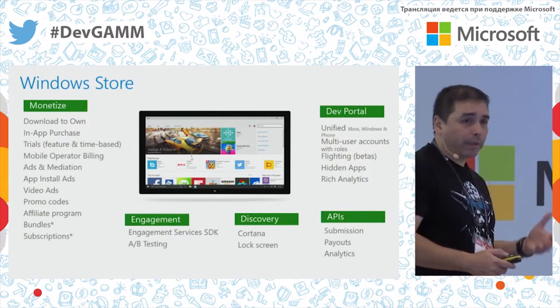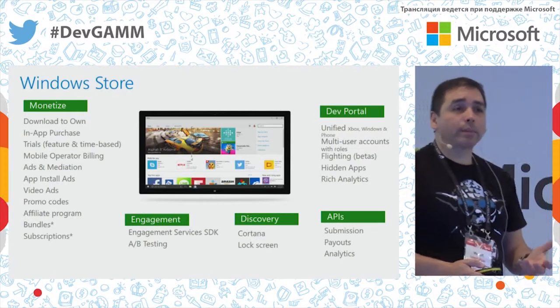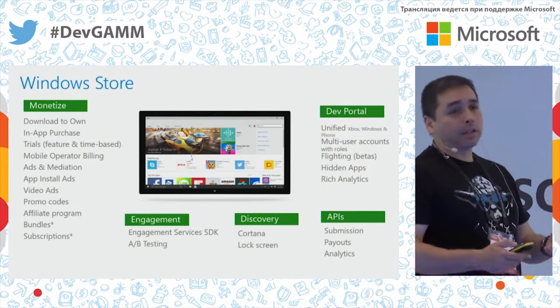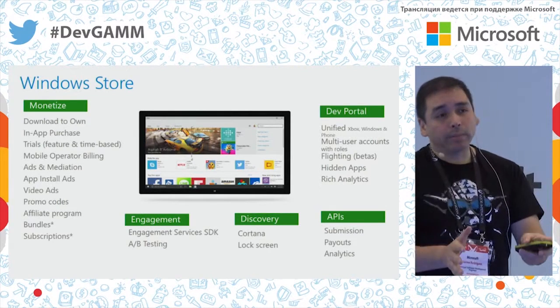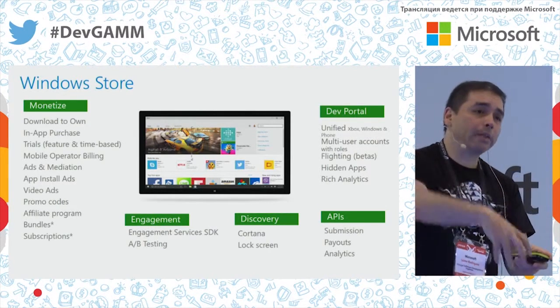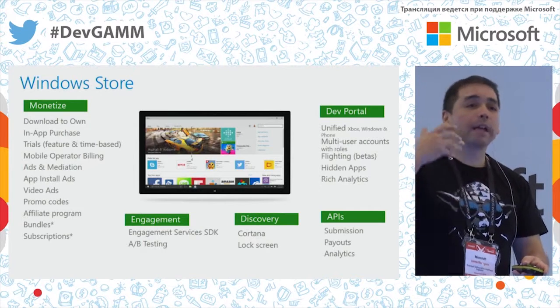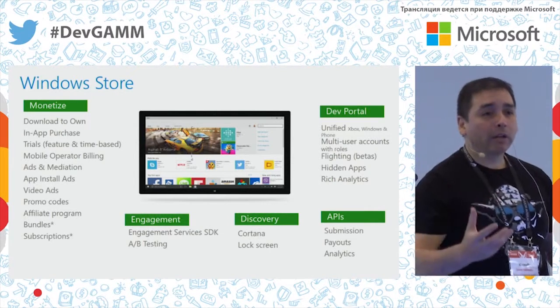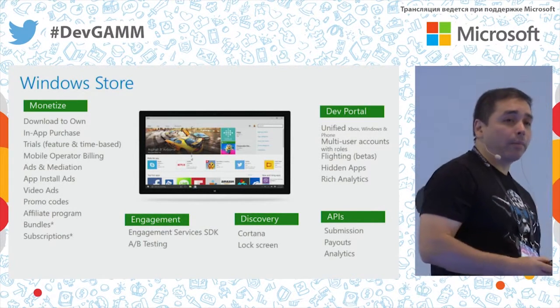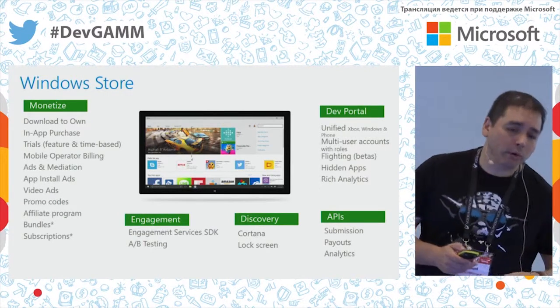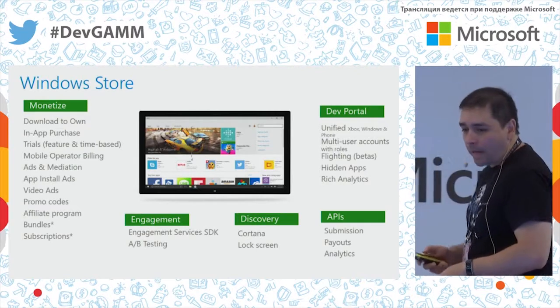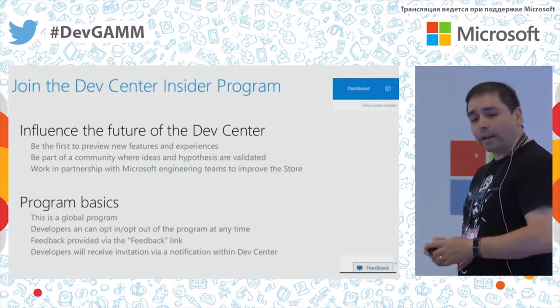So from our standpoint, we're pretty excited that our store has matured a lot. We feel that this year we finally have a store that has converged phone and PC, and we're bringing all the Xbox features like subscriptions, DLCs, and bundles, and so from a gaming standpoint, we're going to have a really great store this year where we have more features than most other digital stores do. So on that side, we're pretty excited about it.